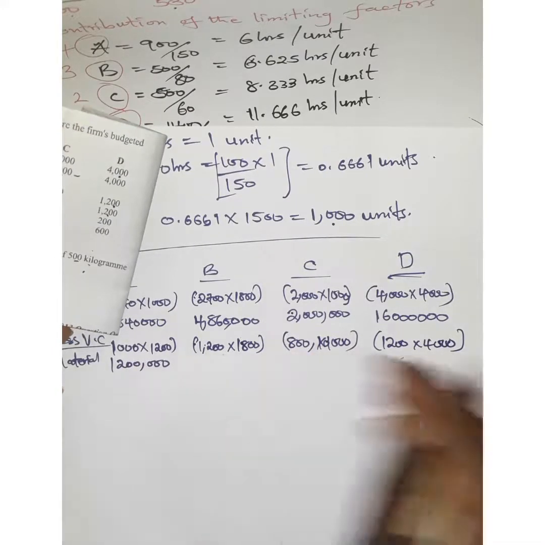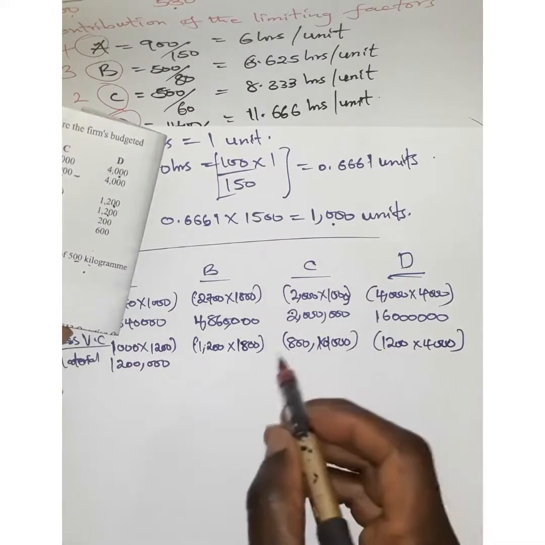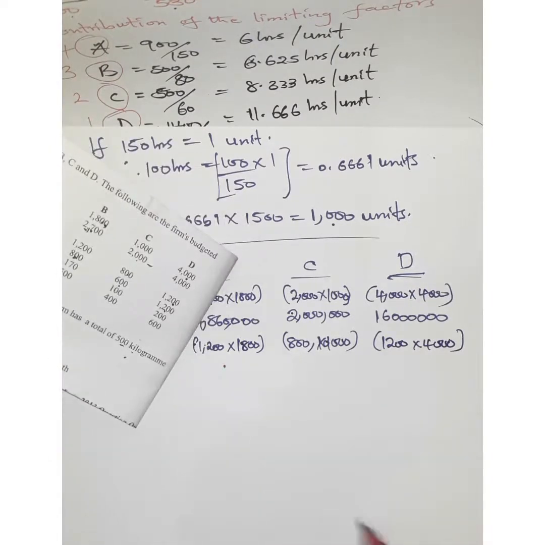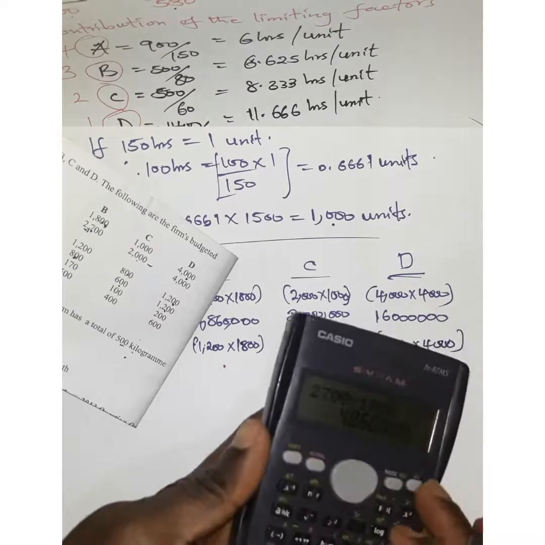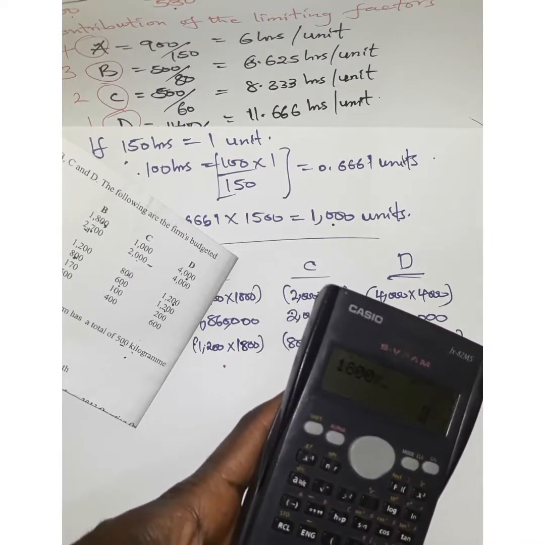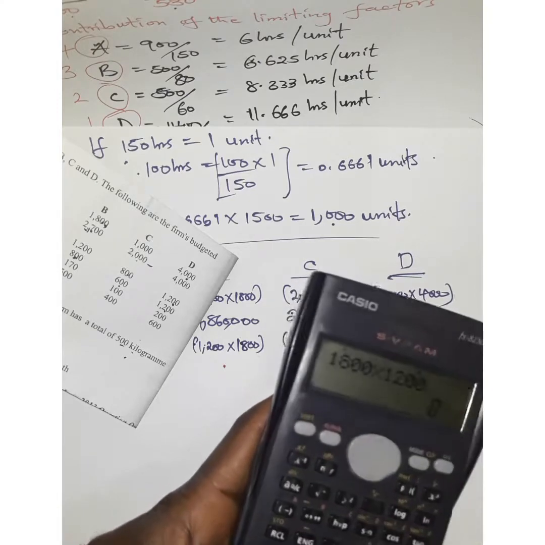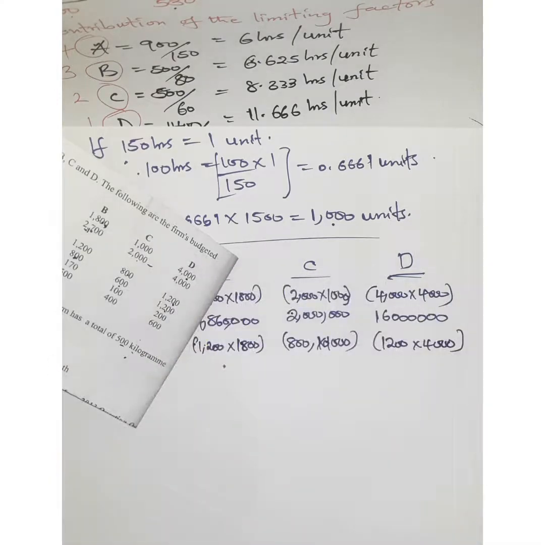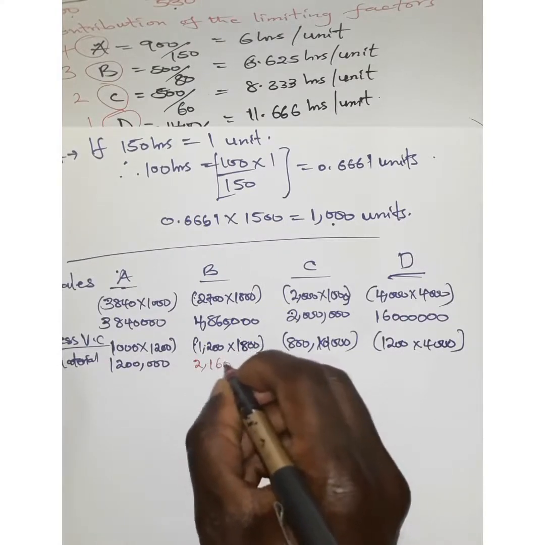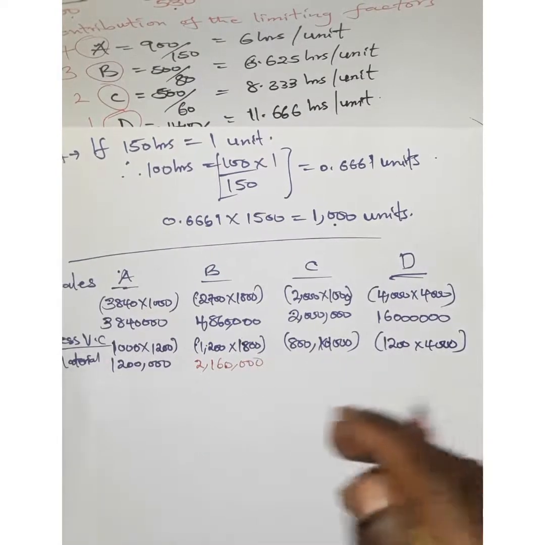You're supposed to get a value of, for B, 1800 times 1200, which is 2,160,000.